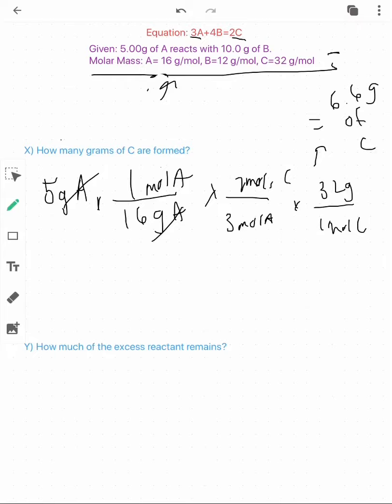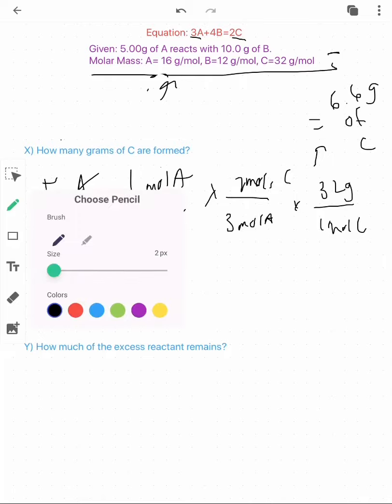Now the same thing goes for B, but like I said before, we have different molar masses and different stoichiometric ratios. So let me use a different color.